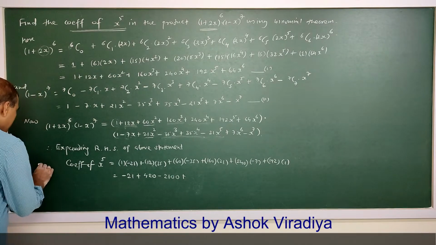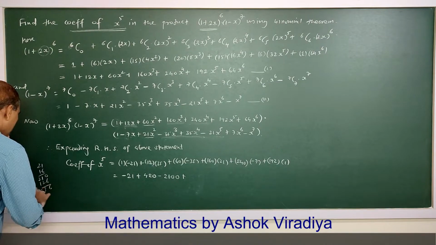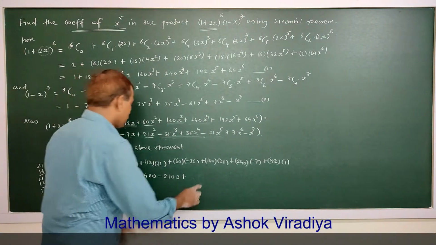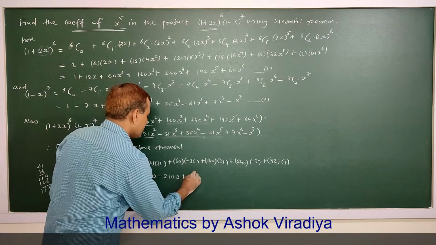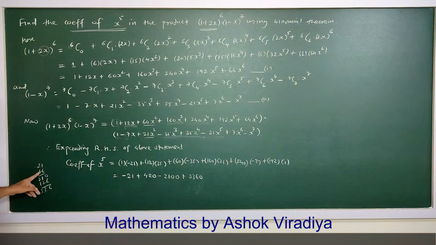So 160 into 21, that is 3360. Let me check 21 into 16, that is 126, 3, 3, 336. Okay.